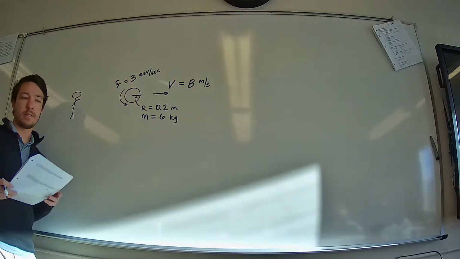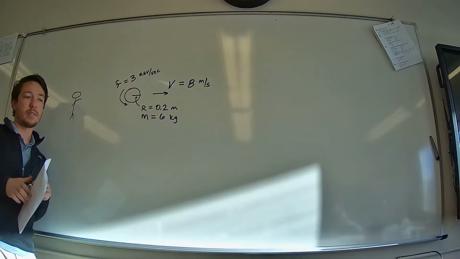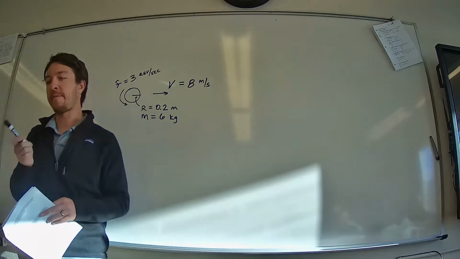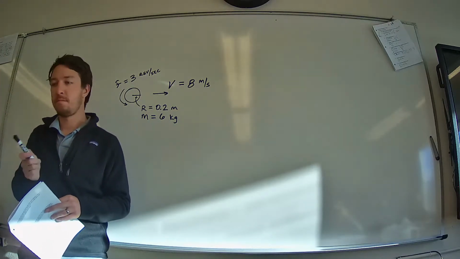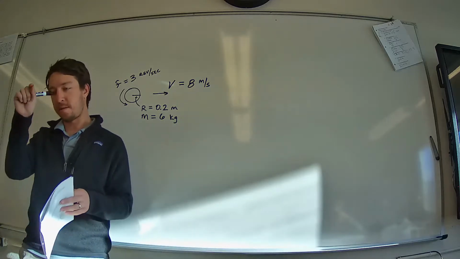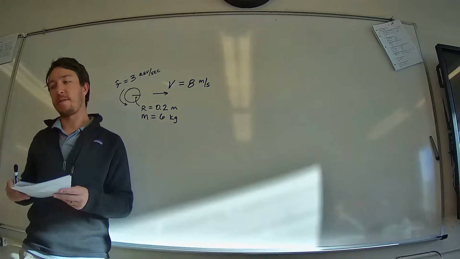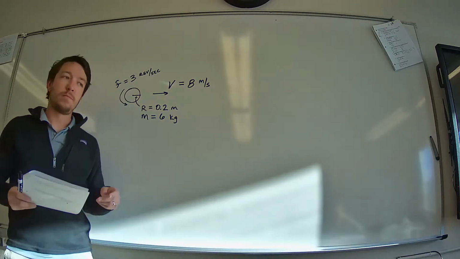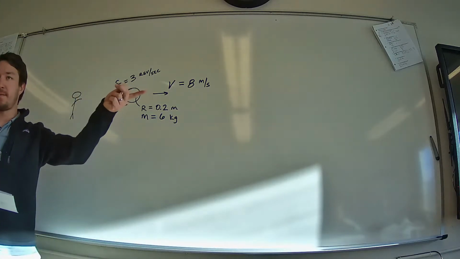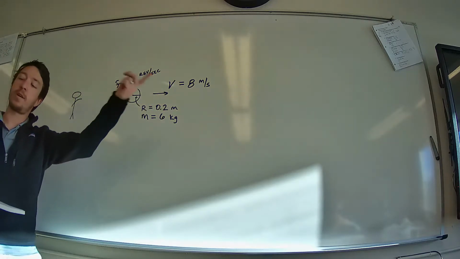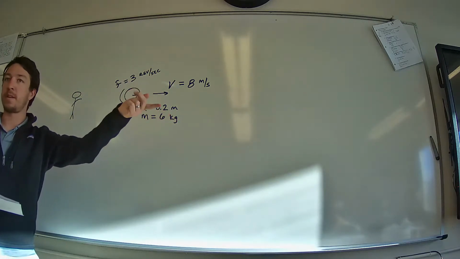So the first thing I want us to think about here is, let's say a ball is just spinning in space. Does that have energy? Yes, the particles in that object are traveling. That means they have kinetic energy. But what if it's spinning and moving? Then that's more energy, right? You've got the energy due to the spinning, but you've also got the energy due to the traveling.